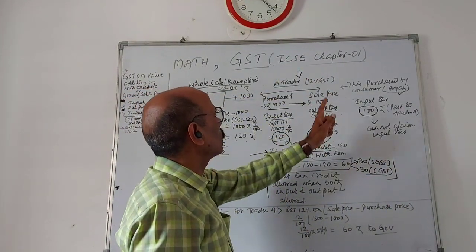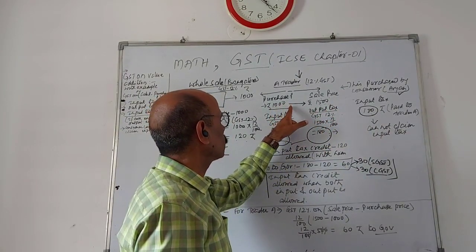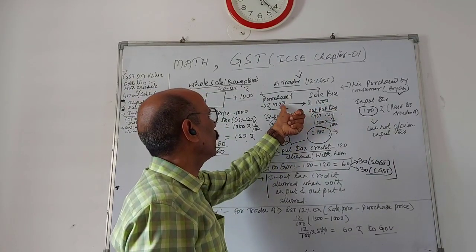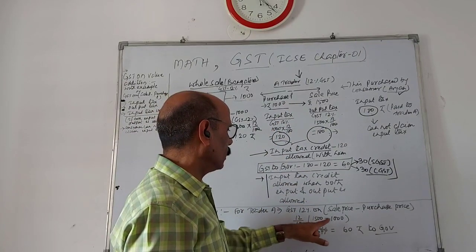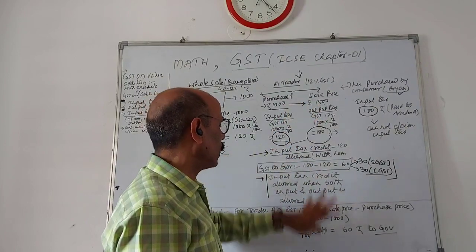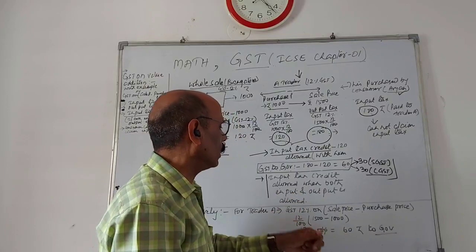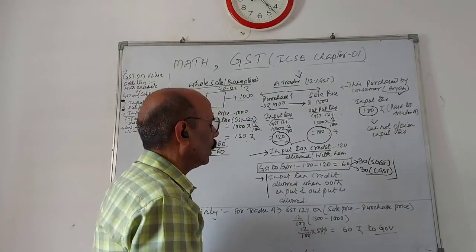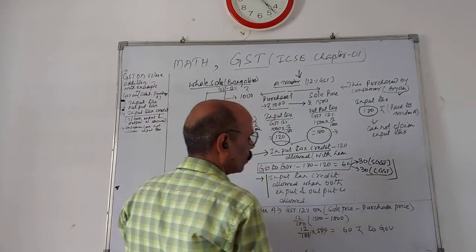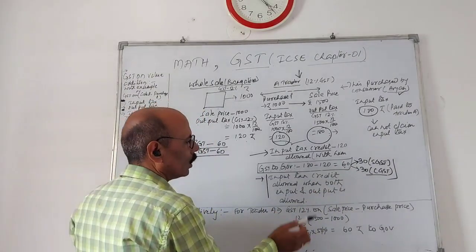In trader A, the sell price is 1500 and the purchase price is 1000. 1500 minus 1000, the leftover, the difference, is 500. So directly if you put GST 12% on 500, 60 rupees will come, and the same 60 rupees will go to the GST account of the government. See, the same 60 rupees. Like this, the calculation can also be done.